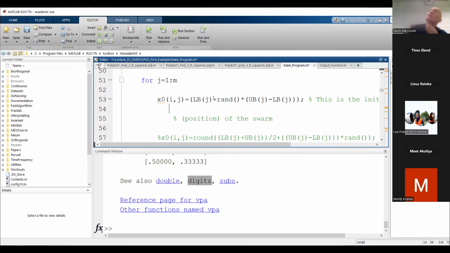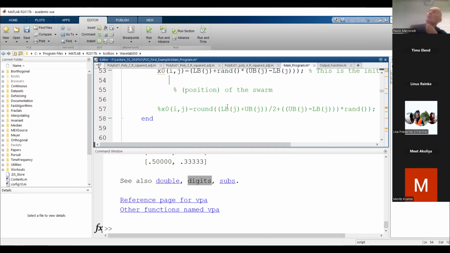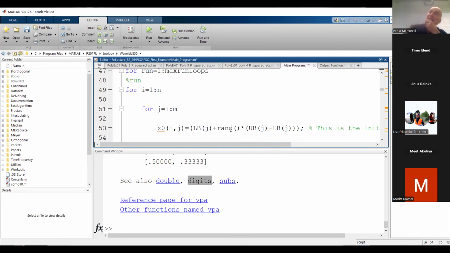This is not the unique way to do it. We can see also other possible ways. But the reason here is that the random variable is between 0 and 1. When the random is almost 0, we are on LB or almost on LB. When the random is 1, we are in UB. I don't know if you can see.